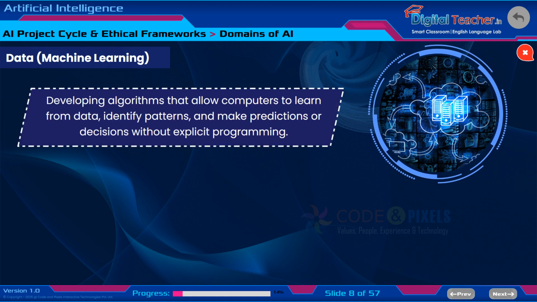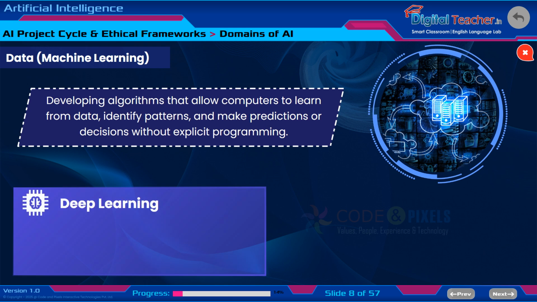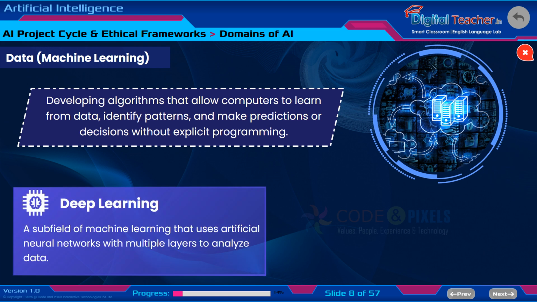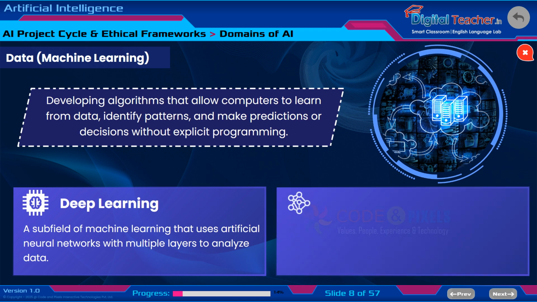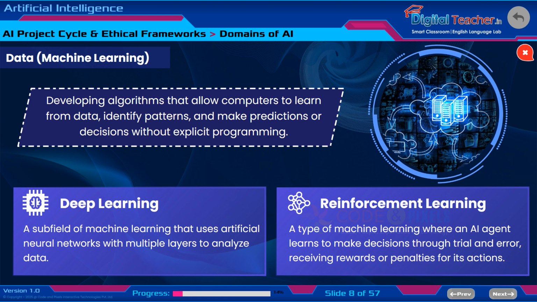Developing algorithms that allow computers to learn from data, identify patterns, and make predictions or decisions without explicit programming. Deep learning. A subfield of machine learning that uses artificial neural networks with multiple layers to analyze data. Reinforcement learning. A type of machine learning where an artificial intelligence agent learns to make decisions through trial and error, receiving rewards or penalties for its actions.